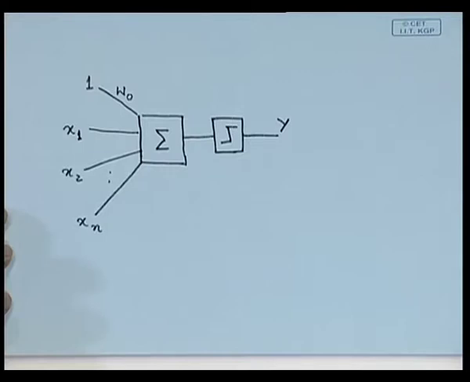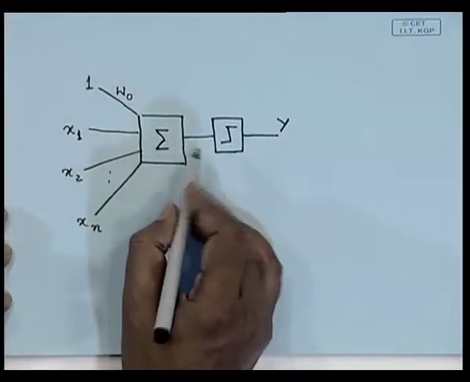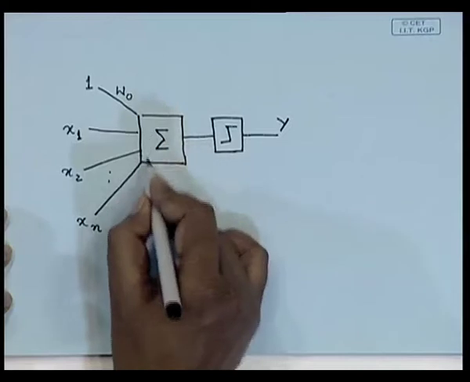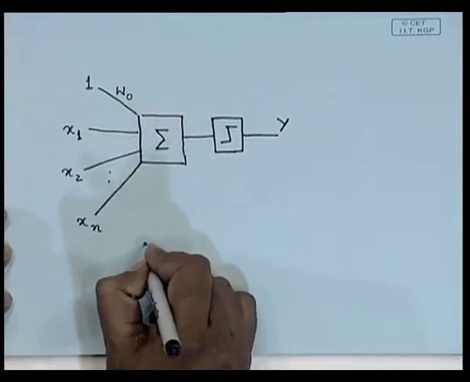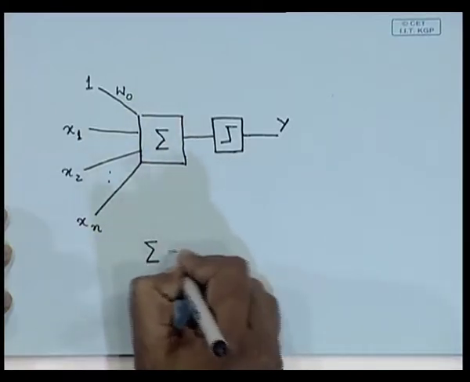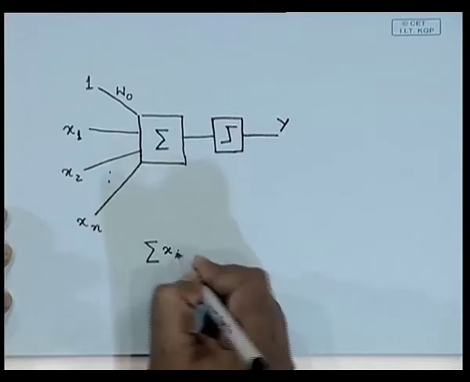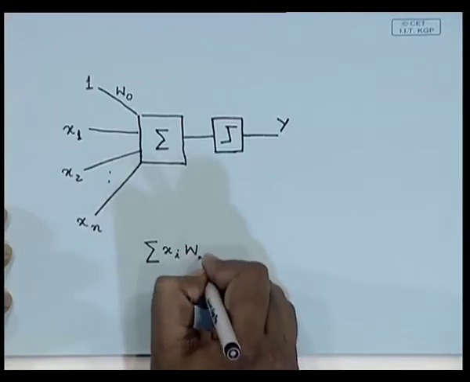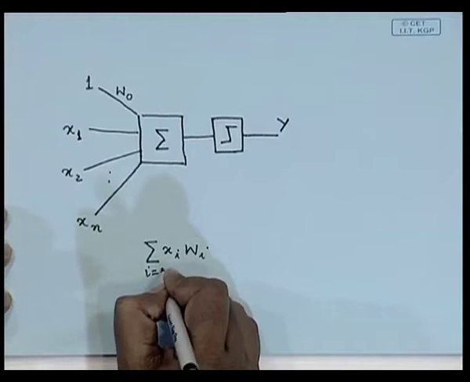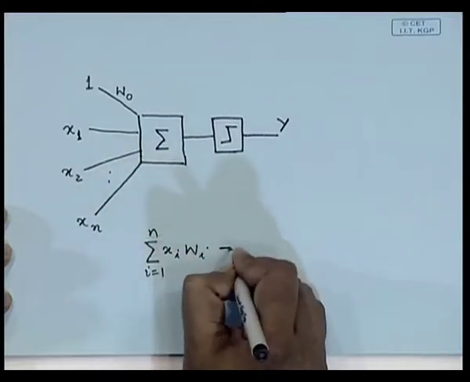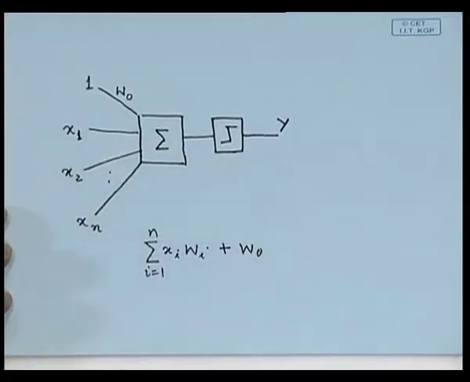So over here you find that the output of this is the summation of xi into wi varying from 1 to n, plus w0.